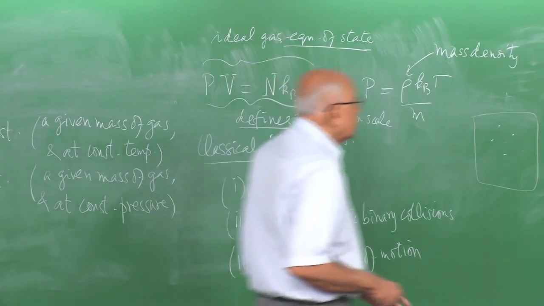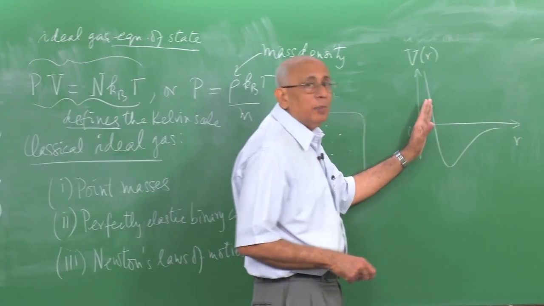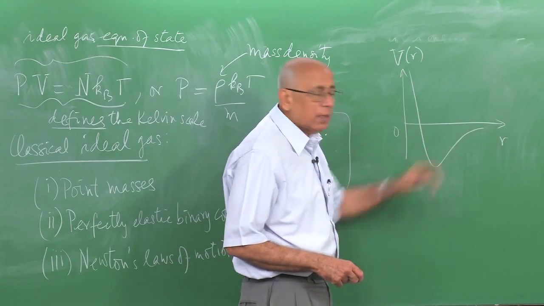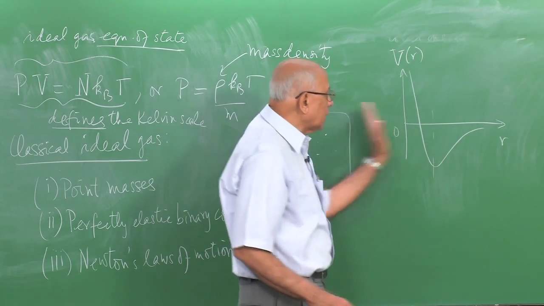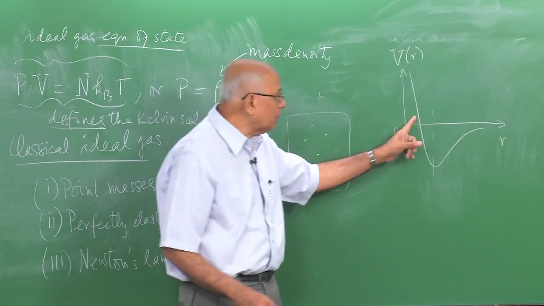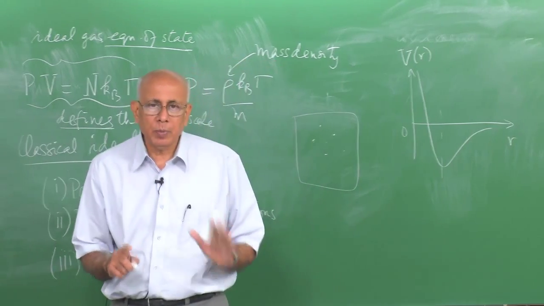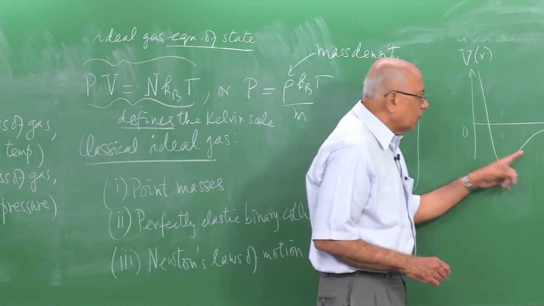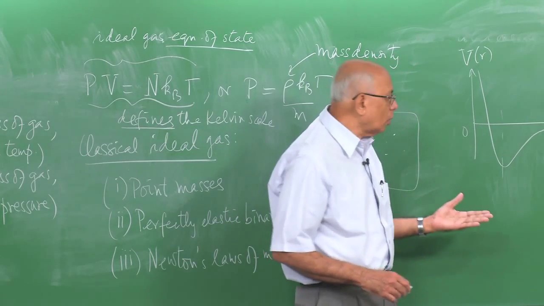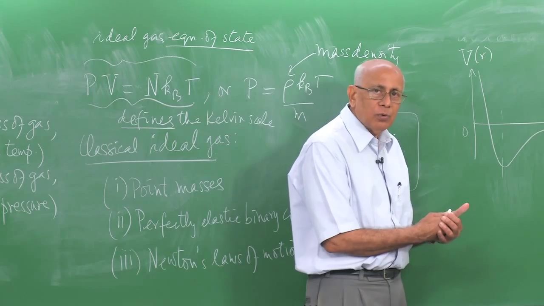It has got a short range repulsive force and a long range attractive force, because till this point here the force is repulsive because the slope of this graph is negative. So, minus the slope is positive, which pushes it outwards, and the slope beyond this point is positive, which means minus the slope is negative, or there is an attractive force here.